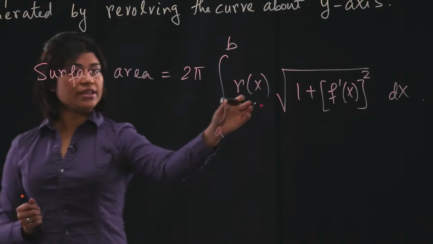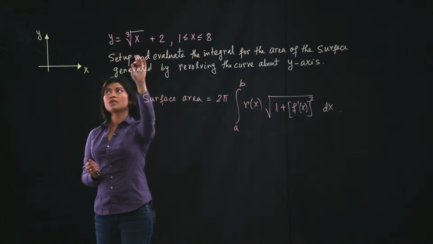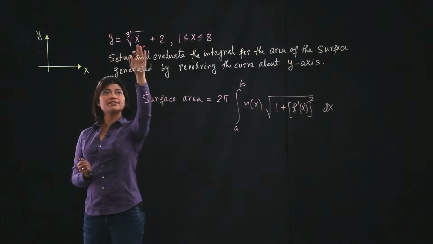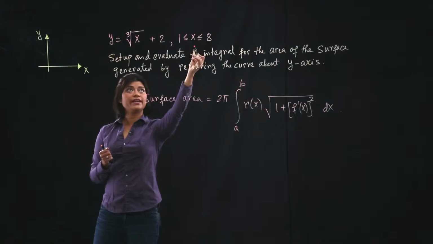Okay, to understand this r of x, let's graph the function first. Note that it's a cube root of x plus 2, and you are only graphing between 1 and 8.